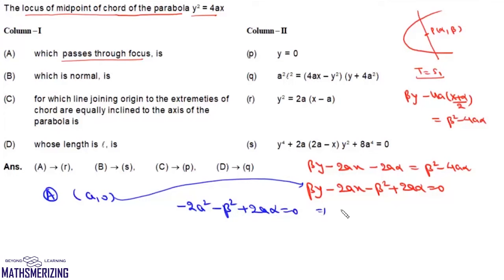So we'll get this locus as y squared equals 2ax minus 2a squared. So we'll take 2a common, and it will be y squared equals 2a times (x minus a). So option A matches with R.